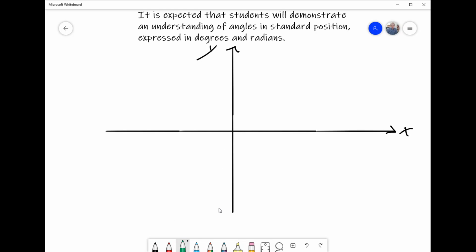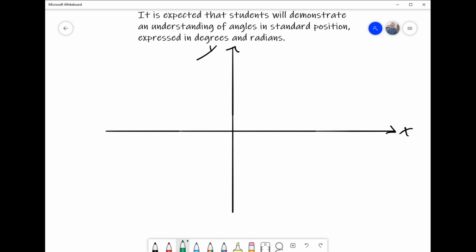Now, when it comes to practical real-world applications, generally speaking, we use north or up on the map as the standard direction. That's not the most natural one in math. The most natural angle in math is to actually start from the x-axis and measure counterclockwise.